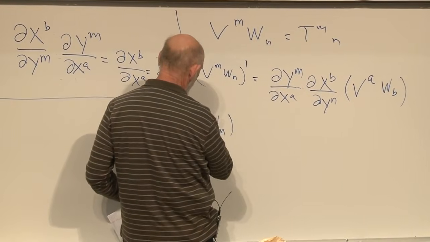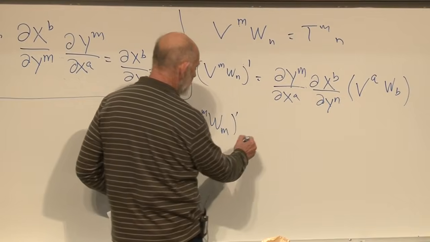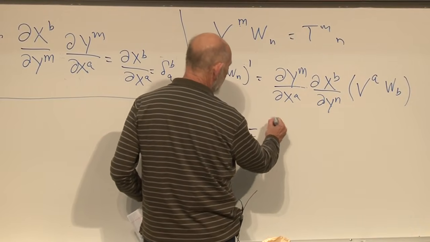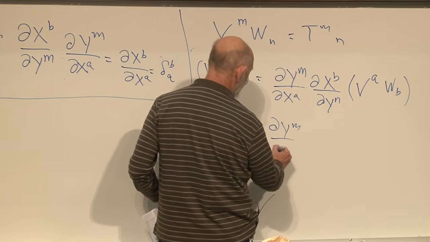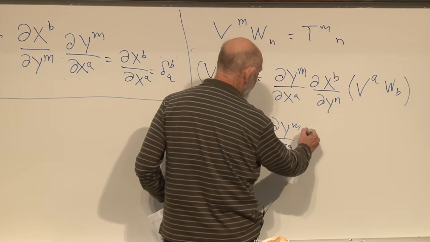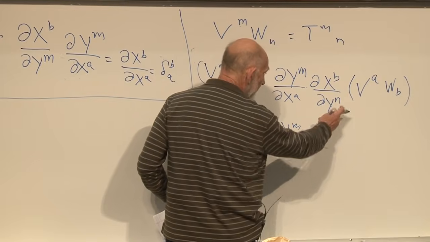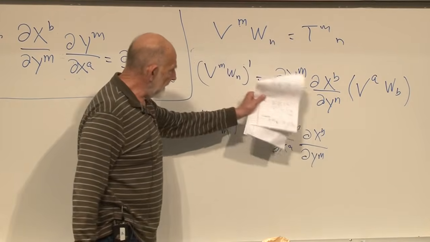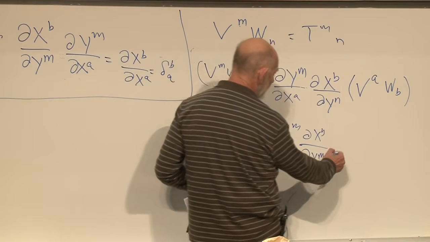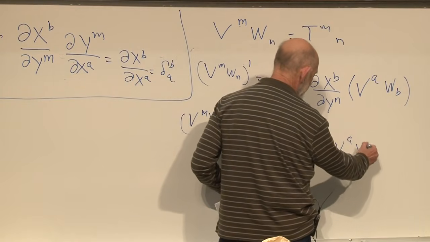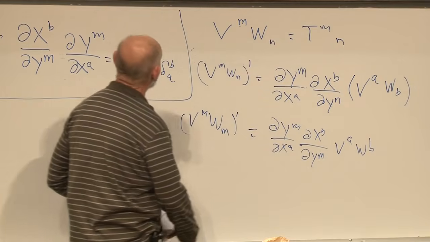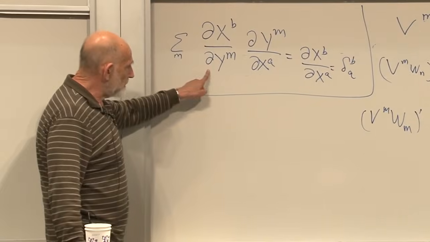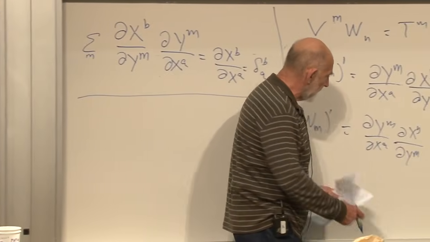All right, let's see what it is. All we have to do, the primed component of it, is equal. Now all we have to do is identify M and N: dy^M by dx^A, dx^B by dy^M, V^A W_B. And now here's where our little lemma comes in handy. dx^B by dy^M, that's the thing over here.